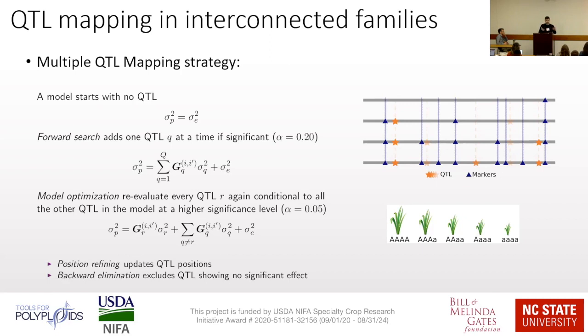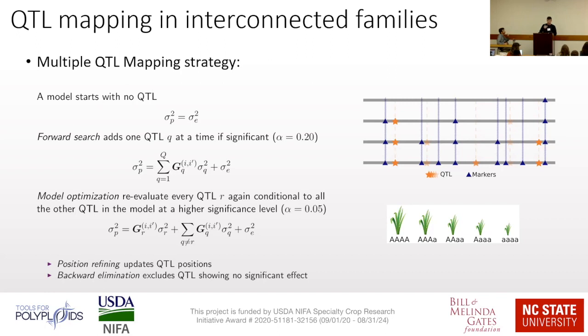And of course, we have a threshold for that. For this threshold, we usually use the score statistic resampling method. At this stage, we use a more relaxed threshold, so we allow more putative QTL to enter the model.